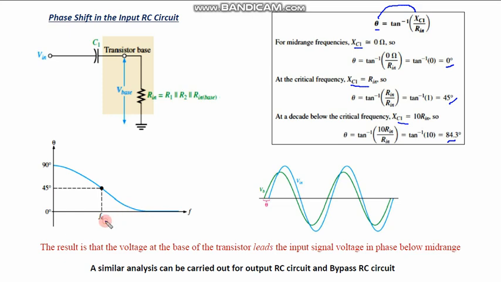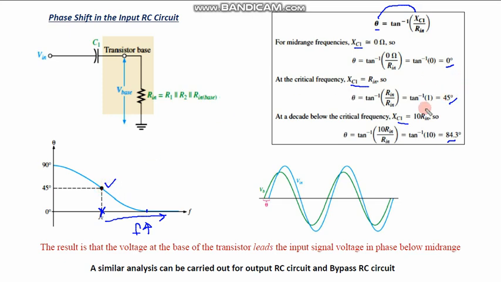When frequency is increased beyond FC, with FC as our reference frequency, theta tends to be 0. So if this is theta, this is the x-axis, it tends to be 0, and at FC it is 45.